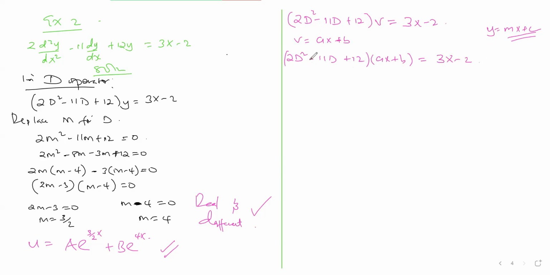To open this bracket, it is 2d squared on ax plus b, minus 11d on ax plus b, then plus 12 on ax plus b, equals 3x minus 2.